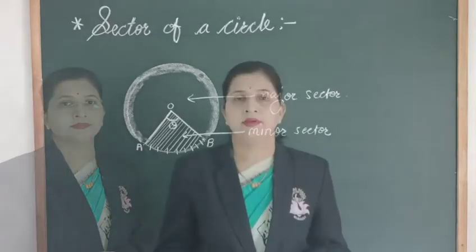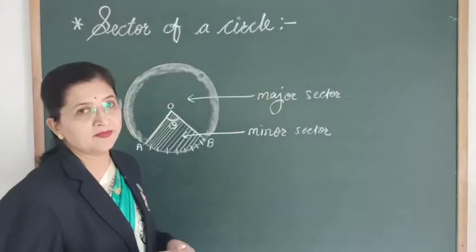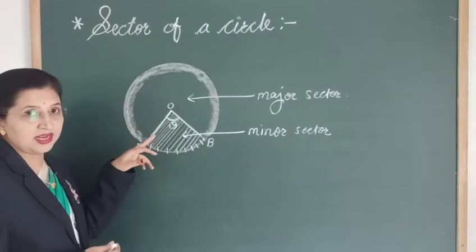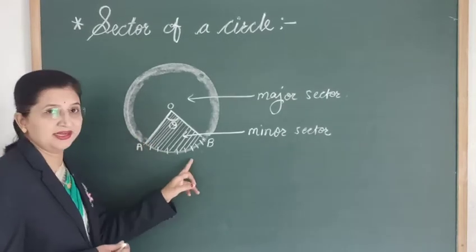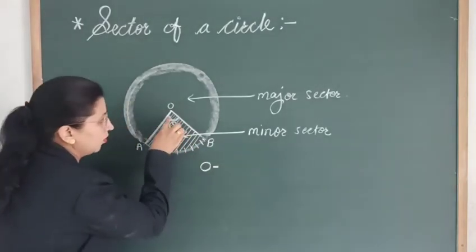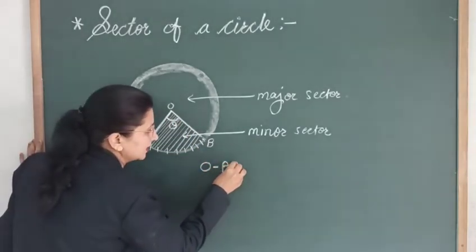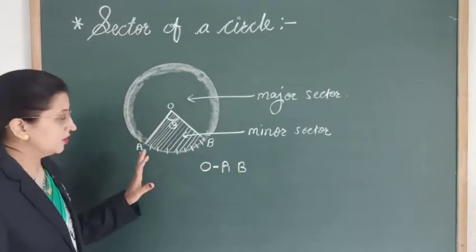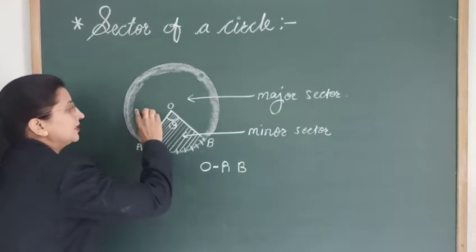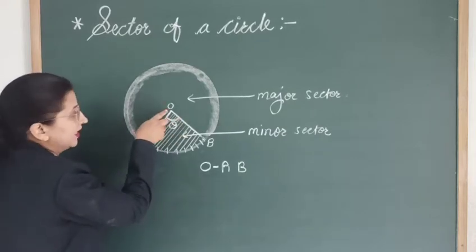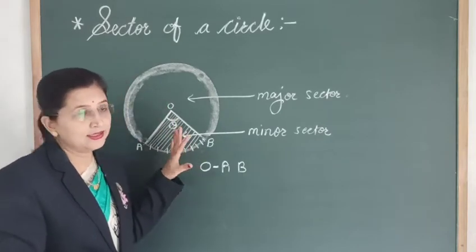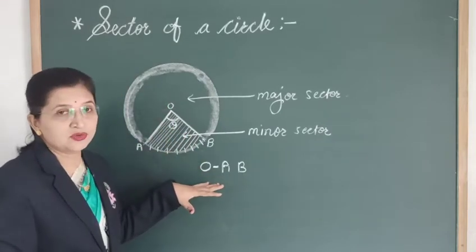Now let's see how to write the name of the sector. As the sector is the part of a circle enclosed by two radii and their intercepted arc, here we have the center O and the arc AB. But the major sector also has the center O and arc AB, so it is not clear which sector we are going to consider.